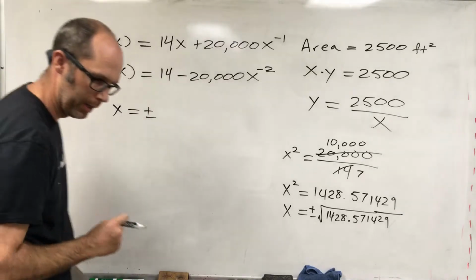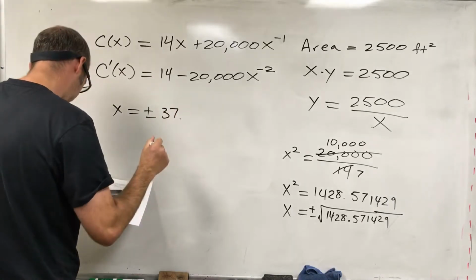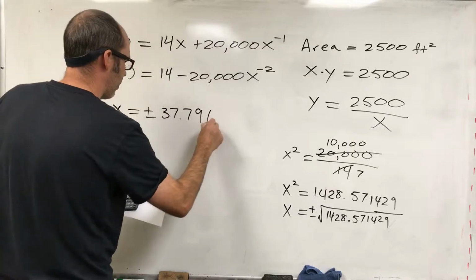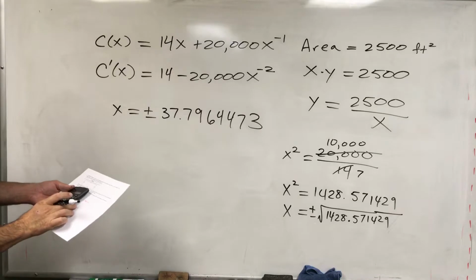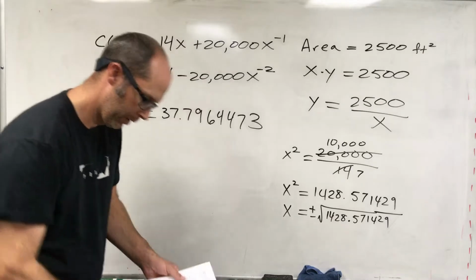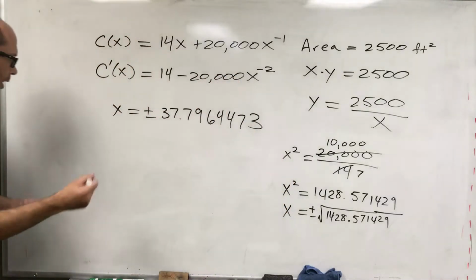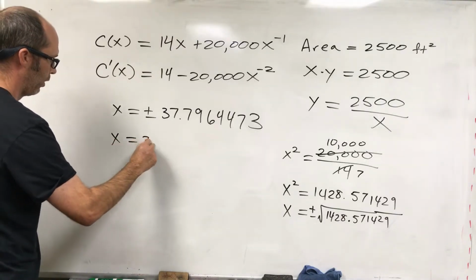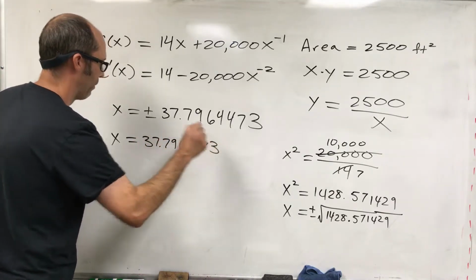So x equals plus or minus 37.7964473. Okay, and so what did we just find? x equals 37.7964473.